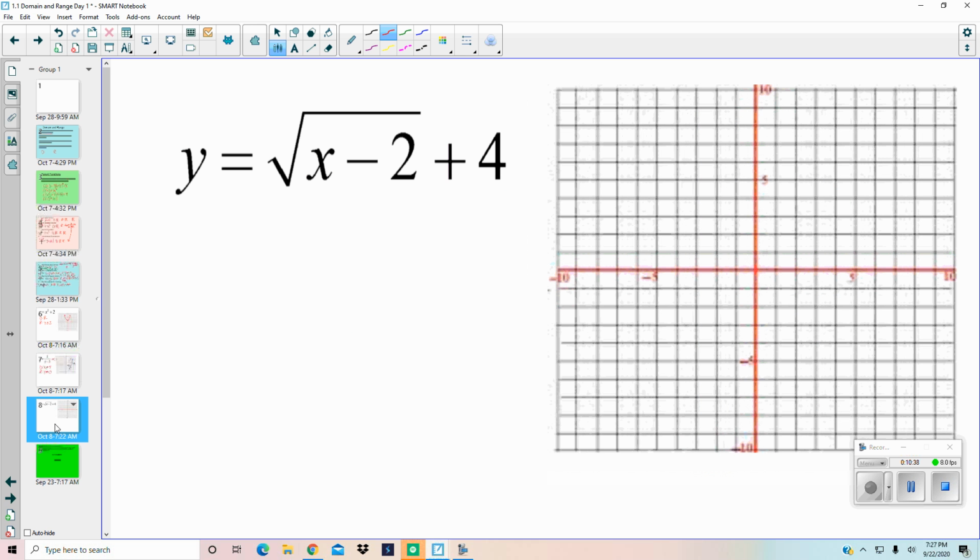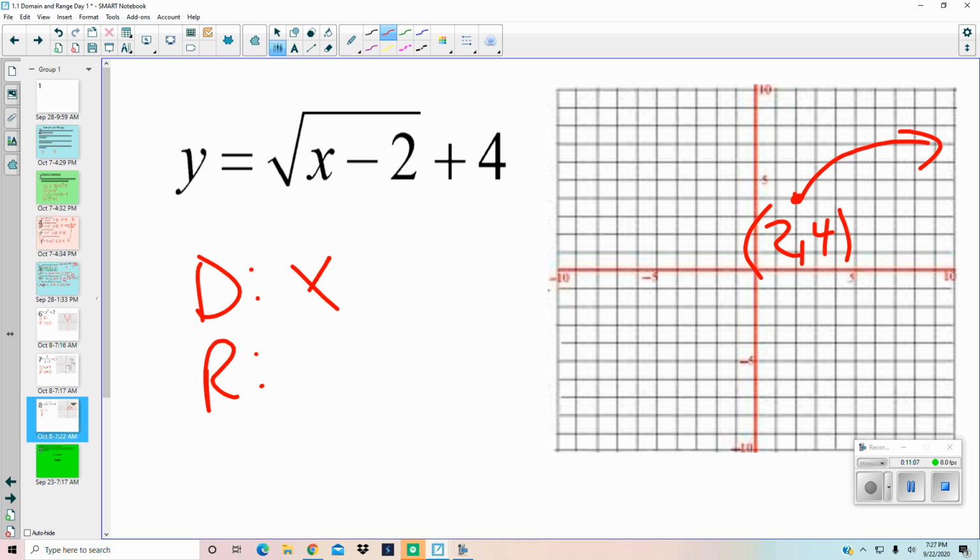We'll do one more. Square root of x minus 2 plus 4. So the domain and the range for a square root depend on the starting point of the graph. The starting point for this graph is right here, and it looks like this. So it's 2, 4.